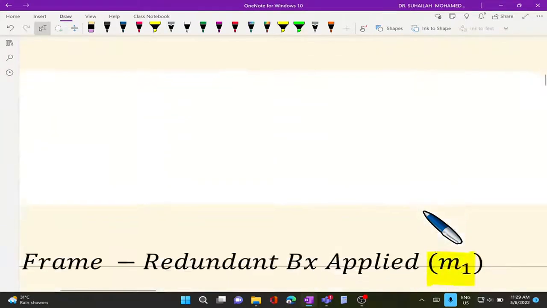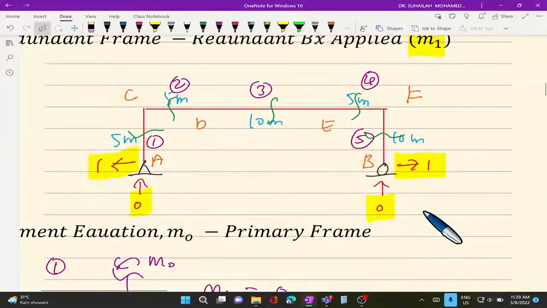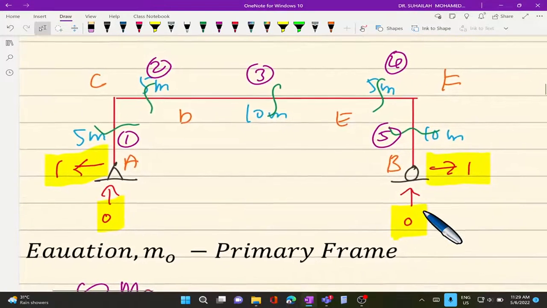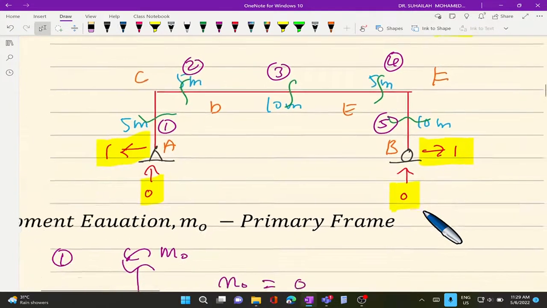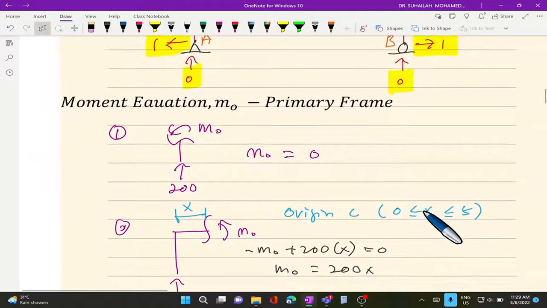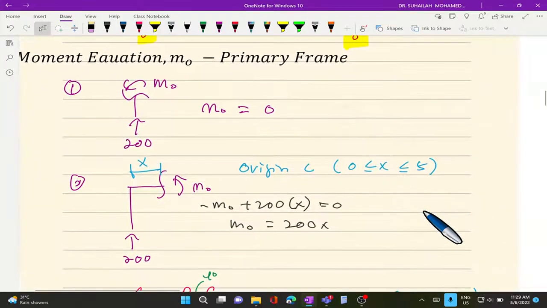And then the redundant diagram also has the same cutting sections from 1 until 5. So what I want is the moment equation.